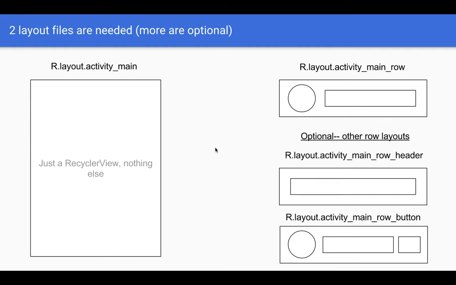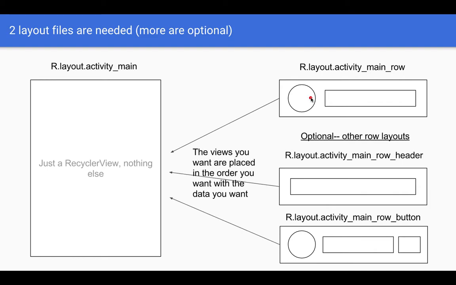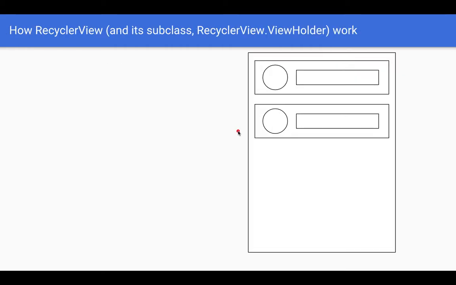However, you do need at least the main one with the recycler view and the row layout. Essentially the views are put in the recycler view in the order you want with the data that you want. We'll talk more about how you do that in a bit, but you get to create the recycler view as you want.